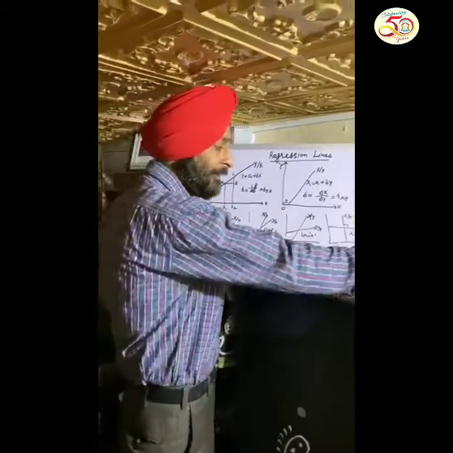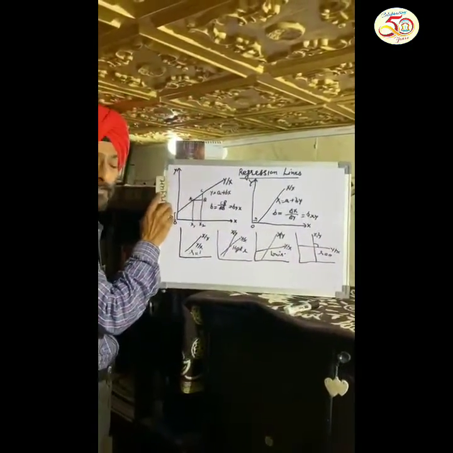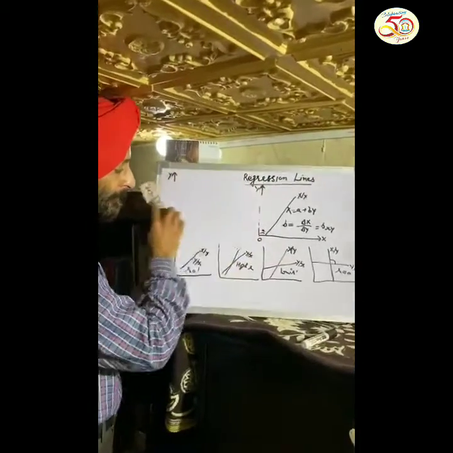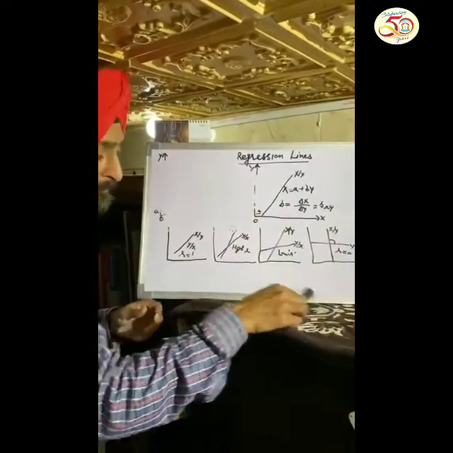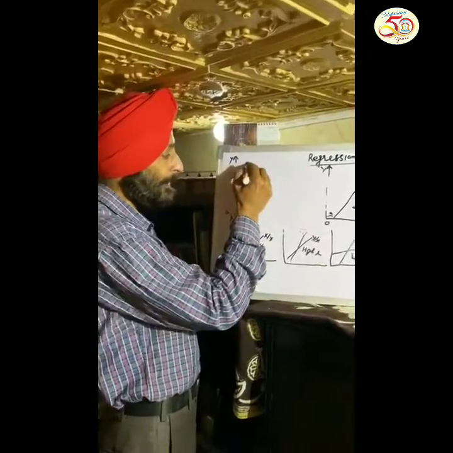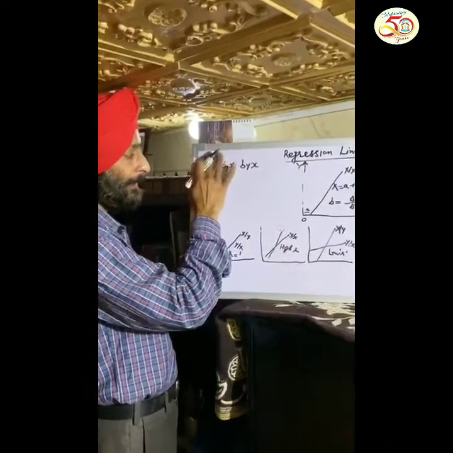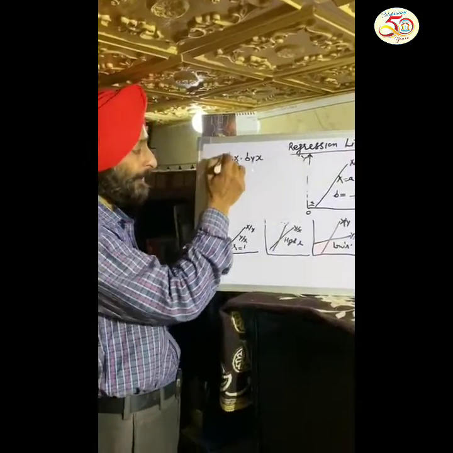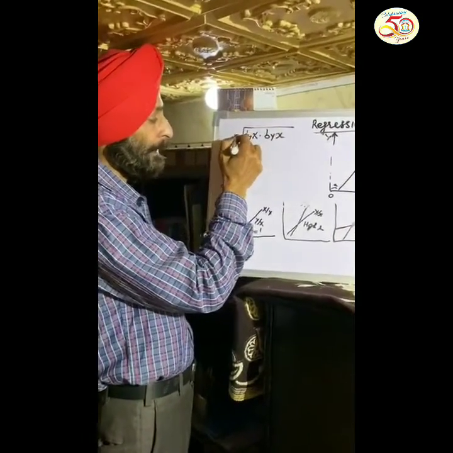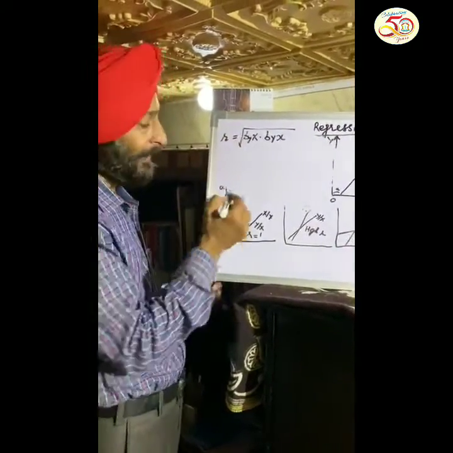Let us take one example. For example, byx and bxy, if we multiply these two coefficients and take its root, we will get what is called correlation. Why and how?